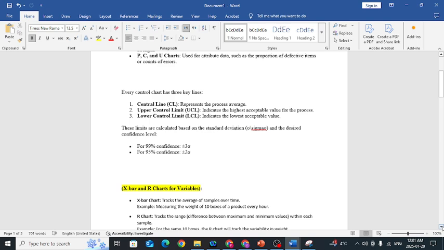In this chart, 99% confidence is between +3 and -3 standard deviation, and 95% confidence is between +2 and -2 standard deviation.